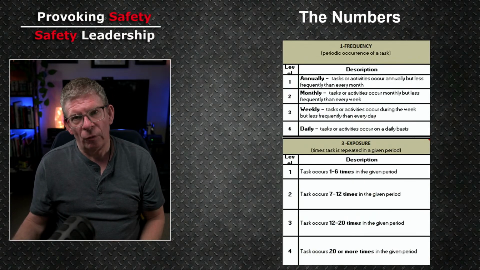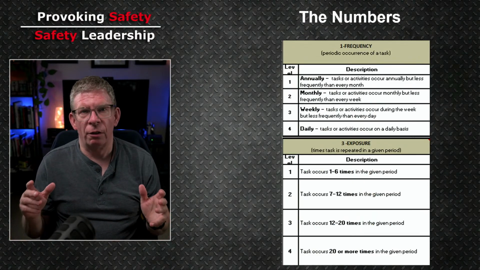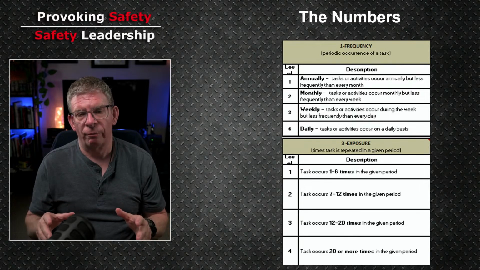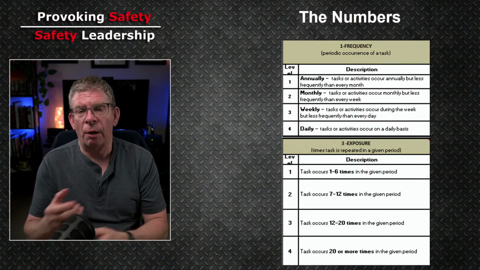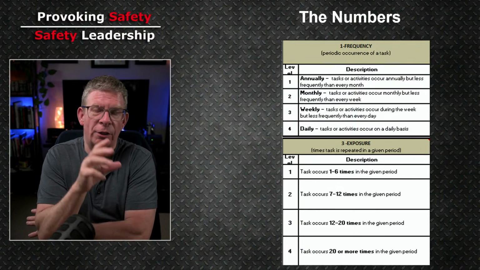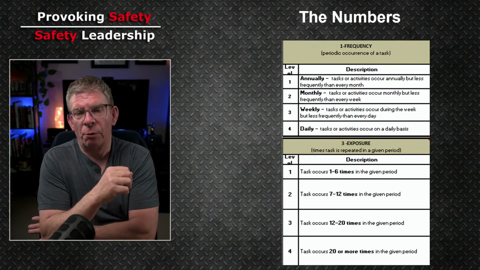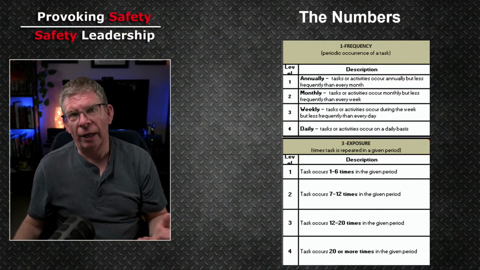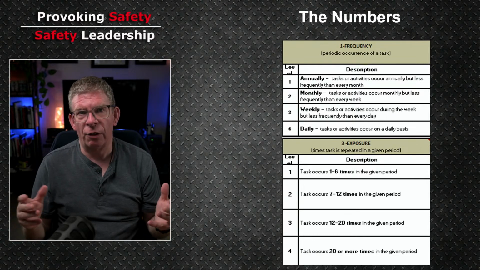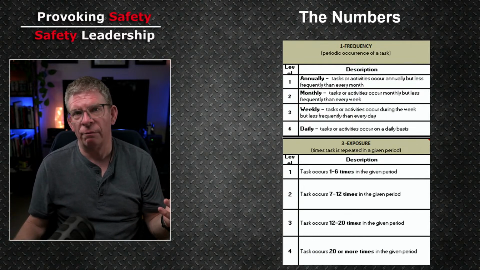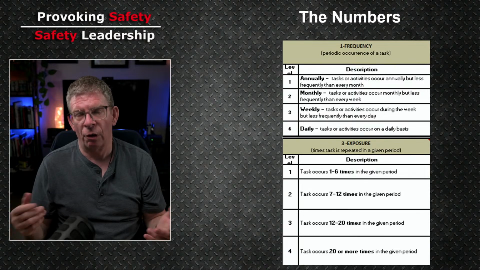Now, when we get down to it, you always have to have numbers. And so here are the numbers that I've used and how I determine both the frequency and exposure. Now, of course, annually describes whether the activities occur annually, but less frequently than monthly. Okay?